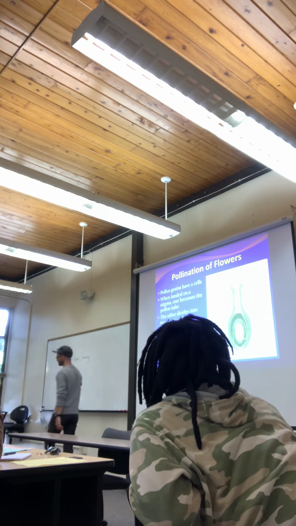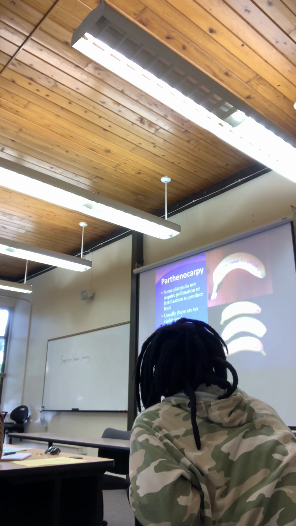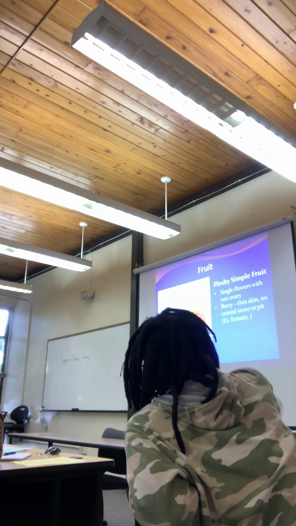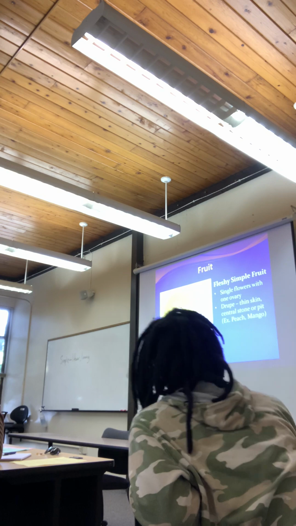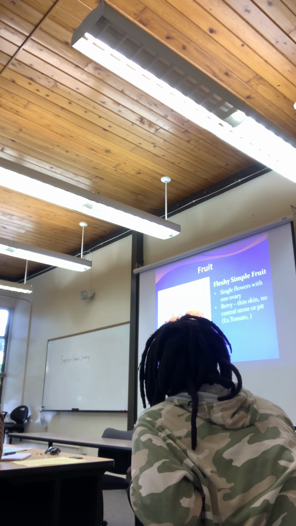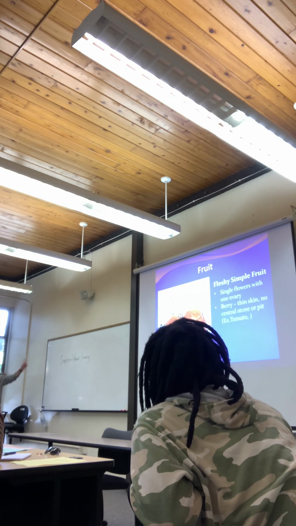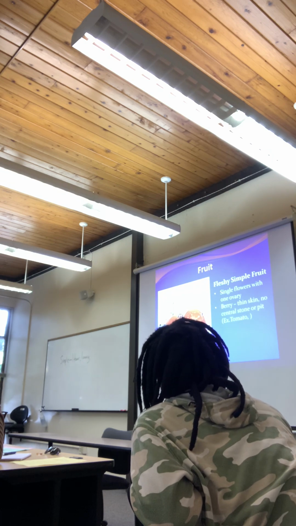What's the name difference between the one picture before and this picture? Between the peach and the tomato, the primary difference is one seed, many seeds. They're both simple fruits because they are one flower fertilizing one ovary.